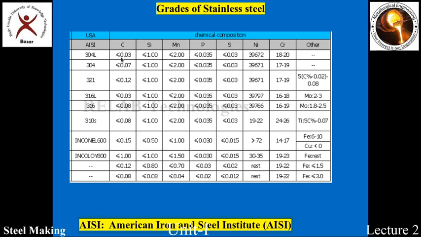It means around 0.03 percent of carbon and other alloying elements. Coming to 316L, low carbon and a few alloying elements such as molybdenum. So that is what 316L stands for. And Inconel 600, Inconel 800 with a combination of other alloying elements. These are the variety of stainless steel grades.